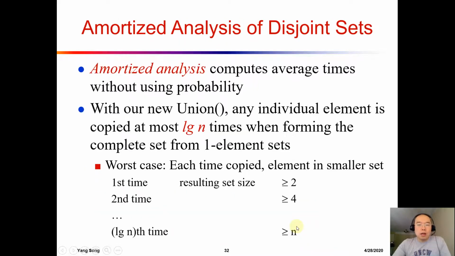Okay, so how can we do that? This is a new trick of analyzing the time complexity, and it is called amortized analysis. We can consider it this way. If we only copy the smaller set into the larger set, and we just consider one item, then the first time this item is copied, it is copied to a destination set which has at least two items.